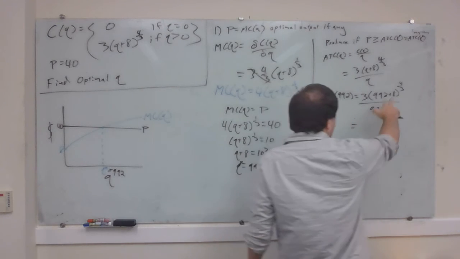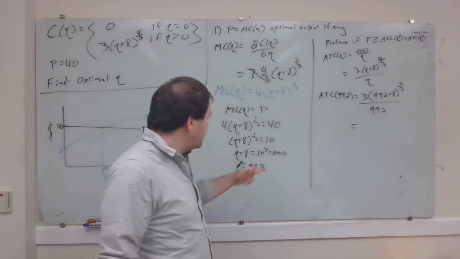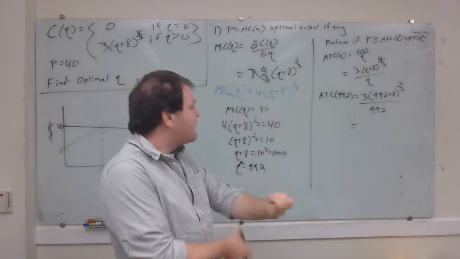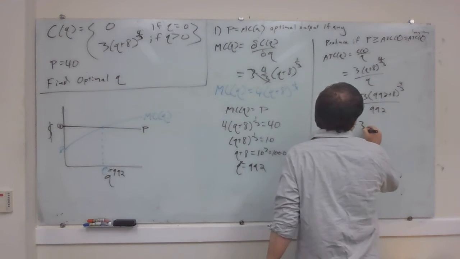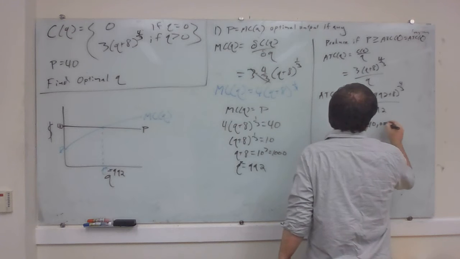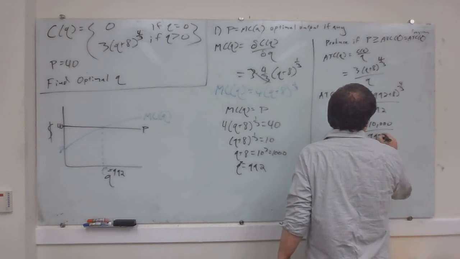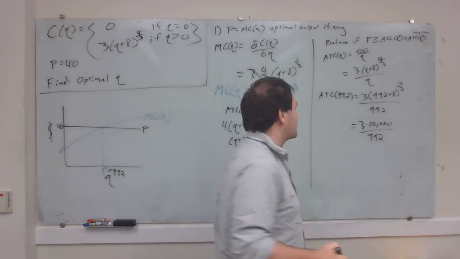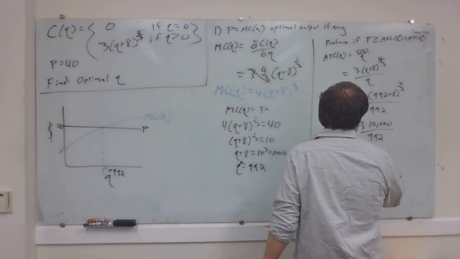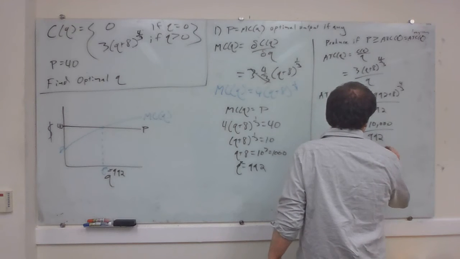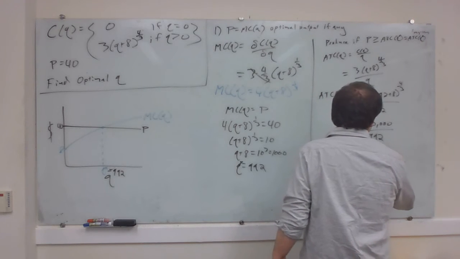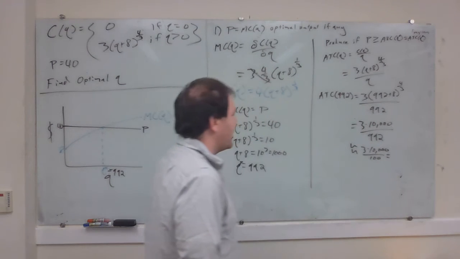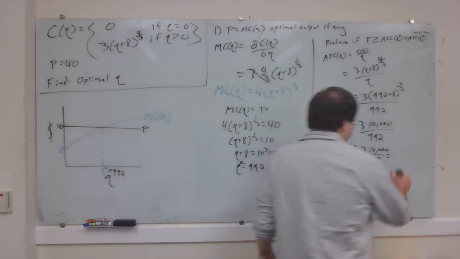So what's this going to be? Well, 992 plus 8 is 1,000, right? 1,000 to the 1/3 is going to be 10. So 1,000 to the 4/3 is going to be 10,000. So this is going to be 3 times 10,000 over 992. Right? This is going to be approximately 3 times 10,000 over 100, which would be, if I take 100 out of 10,000, 3 times 100, or 300.